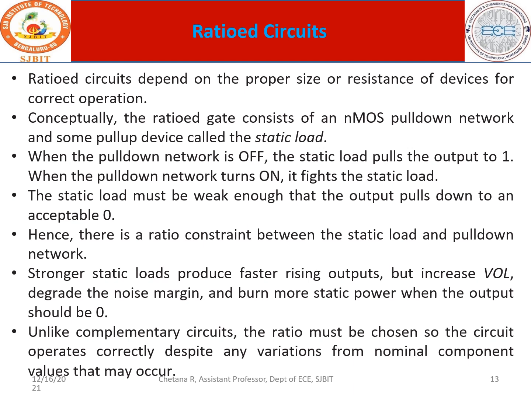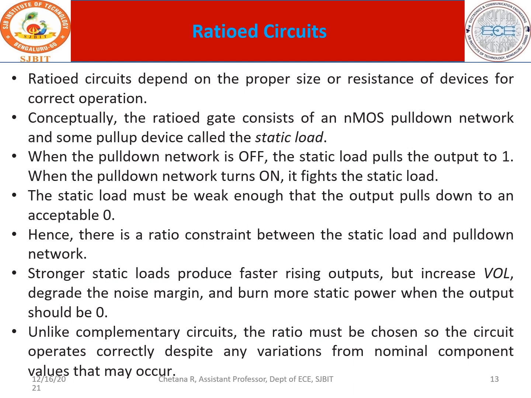That means since it is going to the lower potential, it is pulled to 0. Therefore, there is a ratio constraint between the static load and pull down network. So stronger static loads produce faster rising outputs, but increase VOL and degrade the noise margin.